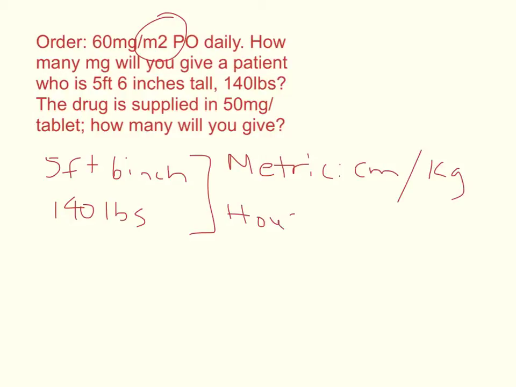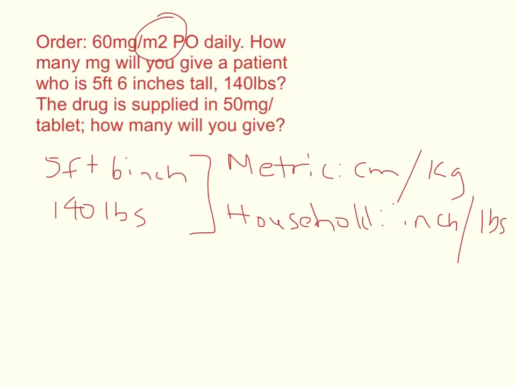Household, which is the American system, uses inches and pounds. Whether you decide to convert the pounds to kilograms, or feet to centimeters, things like that, that's up to you. I recommend going with the simplest conversion possible.